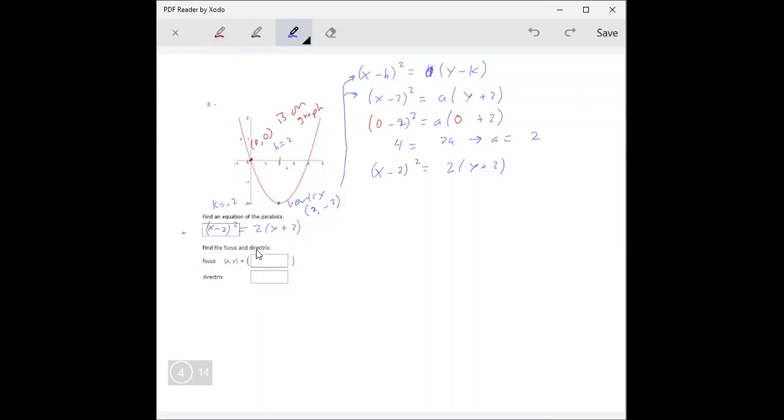Now for the focus, again, 4p is going to be 2, which means p is going to be 1/2. Since it opens up, then our focus will be 1/2 above the vertex. Which brings us to 2, -3/2.